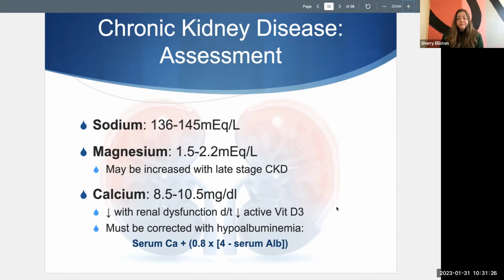It's a simple equation. Basically, you're taking the lab value for calcium, which will be given, and the lab value for albumin, which will be given, and you're going to plug them into this simple equation. What it usually does is add back a little bit of value to the calcium level, because albumin is that big carrier protein that helps to carry calcium.